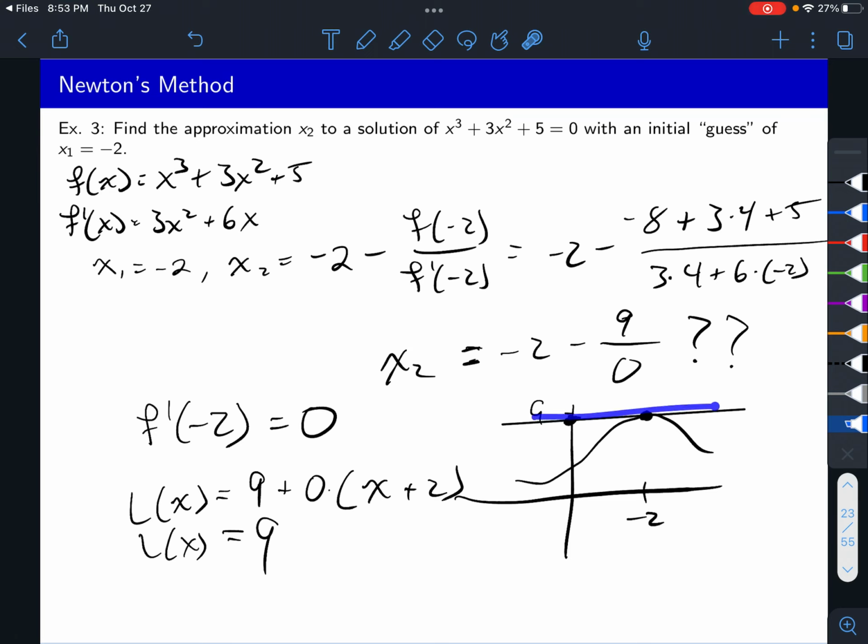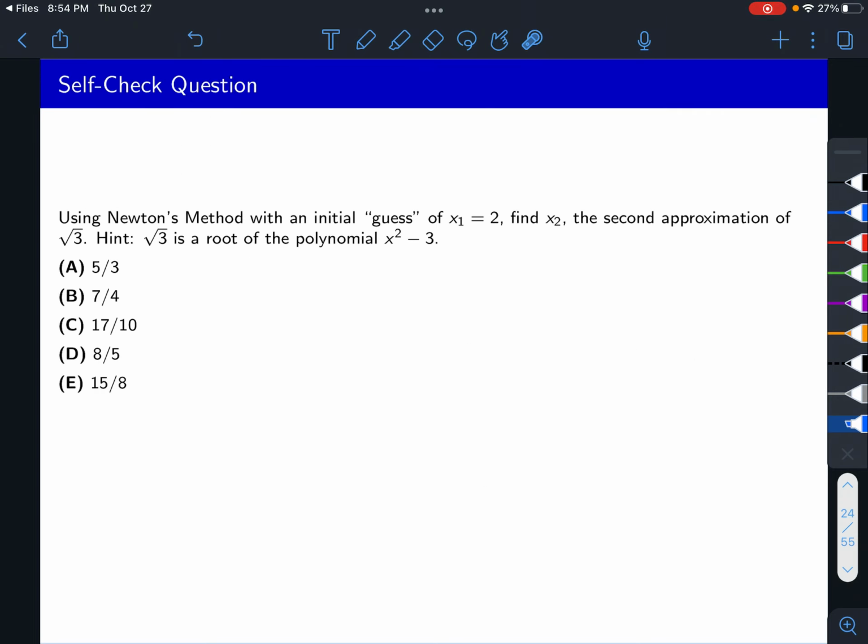So you just literally can't solve for a place where this crosses the x-axis, which is what this formula is doing. It's solving for a place where the tangent line crosses the x-axis. And because that slope is 0, that's just not going to exist. So this problem was basically written to be flawed, to highlight that if your slope is 0, then you just straight up cannot do this because of that geometry.